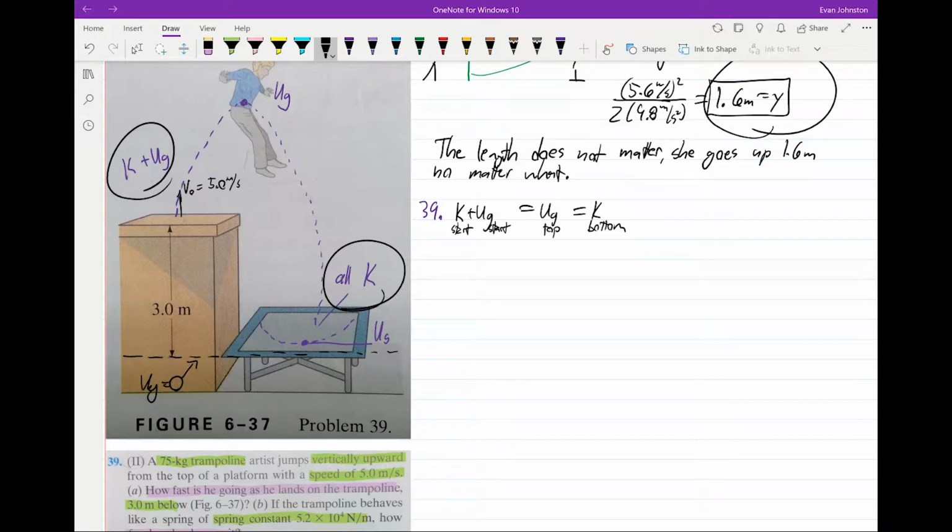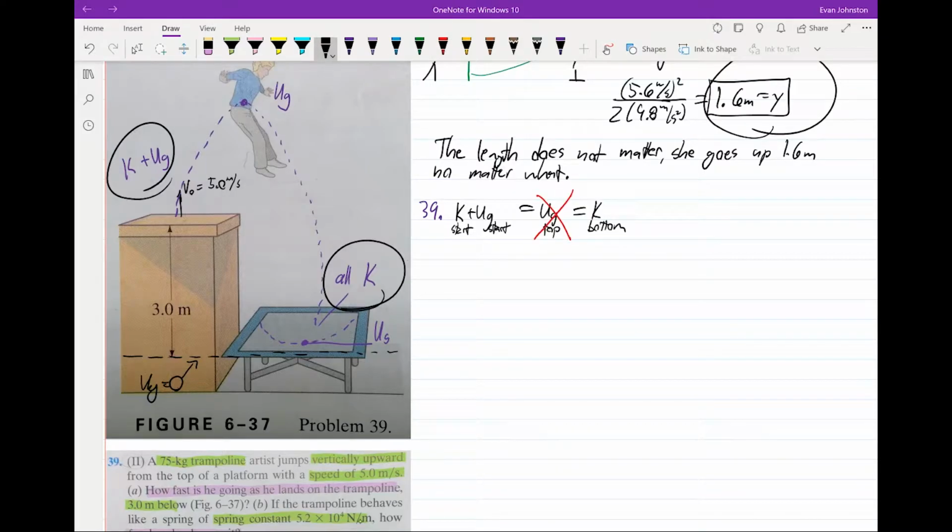I'm not going to use the potential at the top, and that's just because I don't know how high up he is. If I knew how high up he got, then yes, I would totally choose to set the potential at the top equal to the kinetic at the bottom. It's only two things. I just set one equal to the other. But since we don't know the y value, this is not a good option.